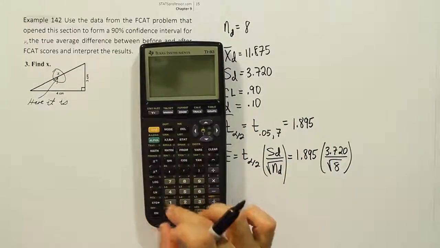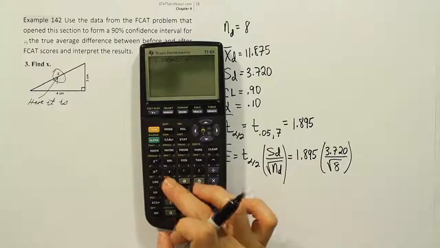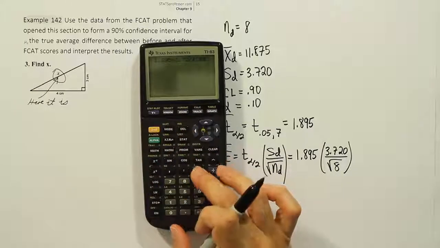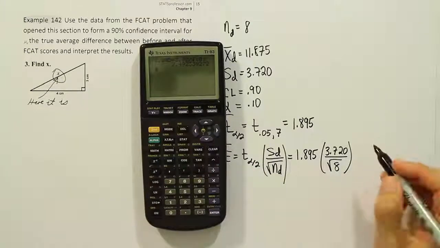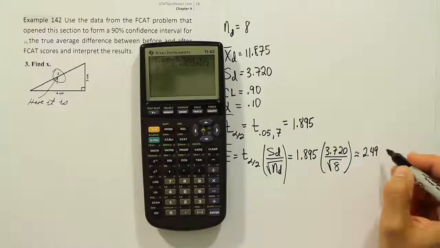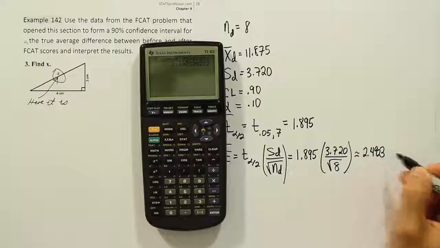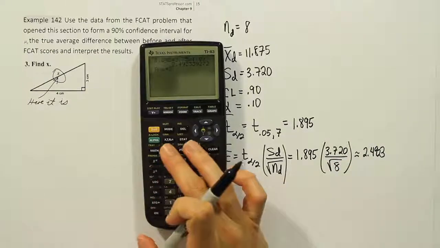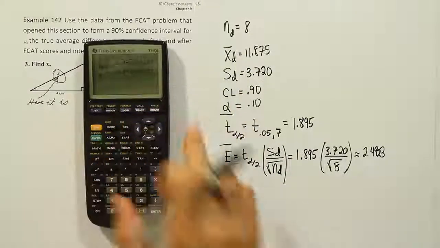So we'll have 1.895 times 3.72 divided by the square root of 8. Okay, and after doing that we get 2.49 approximately, 2.4923. Okay, that's the approximate value. I'm going to store the value that we got in our calculator though so I can use it later.